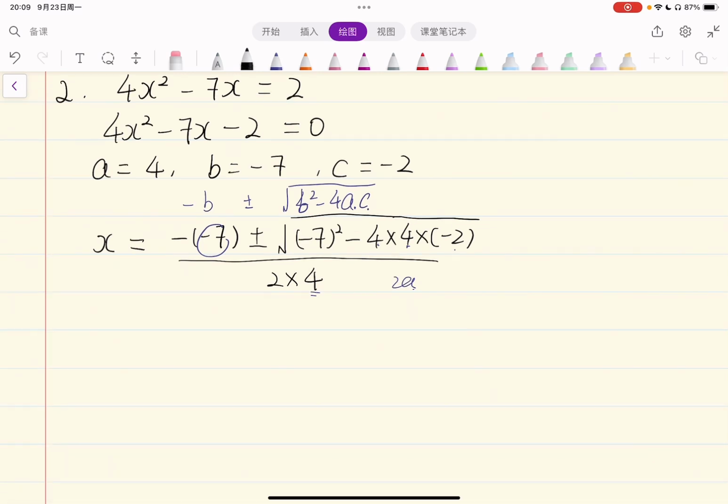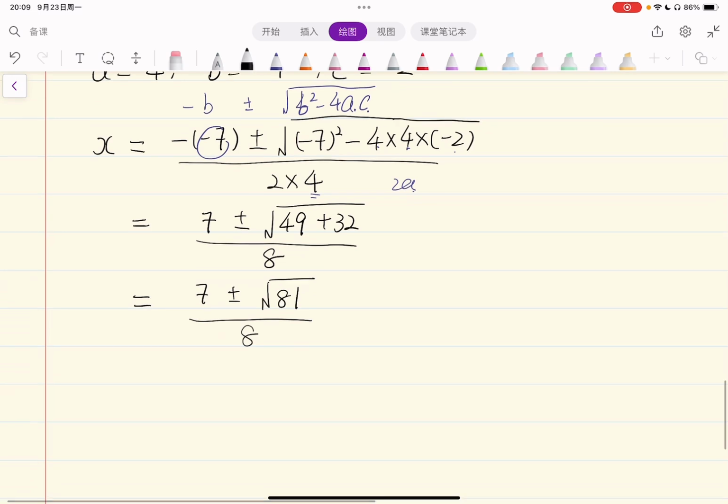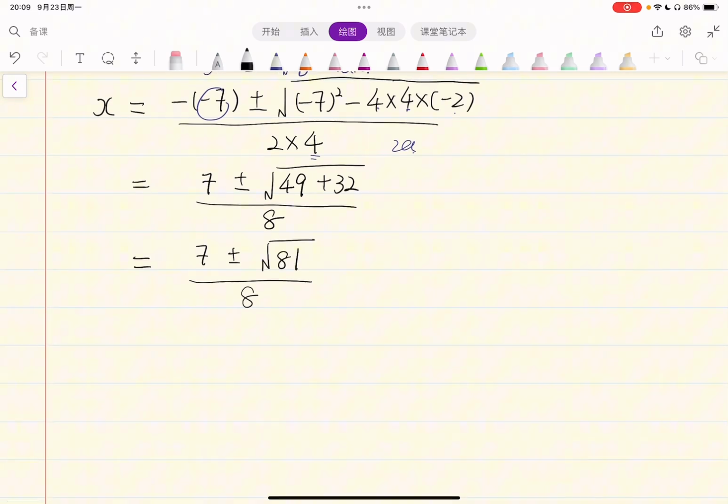And then we calculate it. We have 7 plus minus square root of 49 plus 32 over 8. And then we have 7 plus minus square root of 81 over 8. Right? What is the answer of the square root of 81? We have 9.